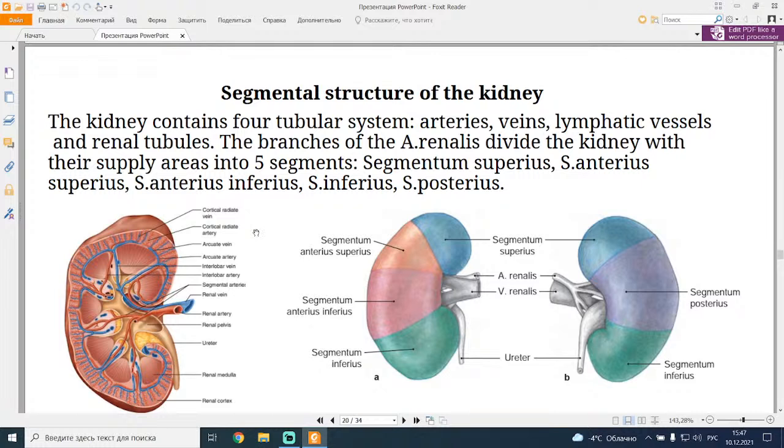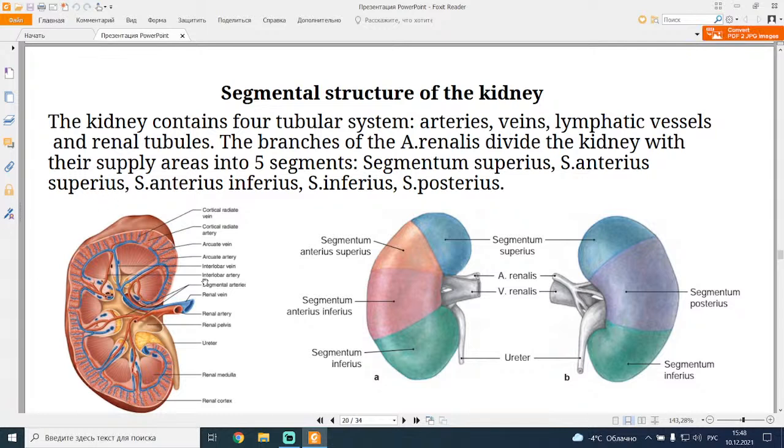The kidney has a segmental structure. The kidney contains 4 tubular systems: arteries, veins, lymphatic vessels, and renal tubules. The branches of the arteria renalis divide the kidney with their supply areas into 5 segments: segmentum superius, segmentum anterius superius, segmentum anterius inferius, segmentum inferius, and segmentum posterius.